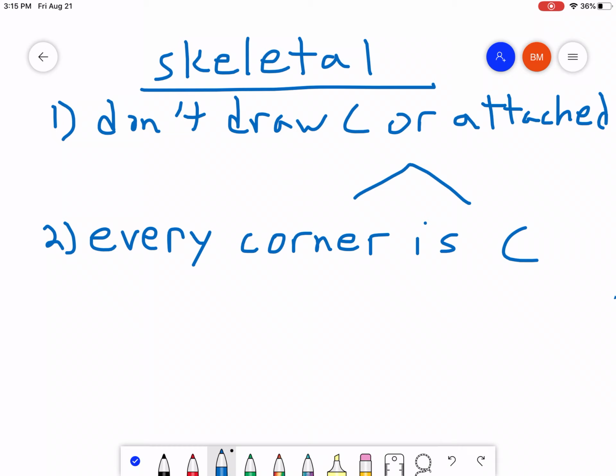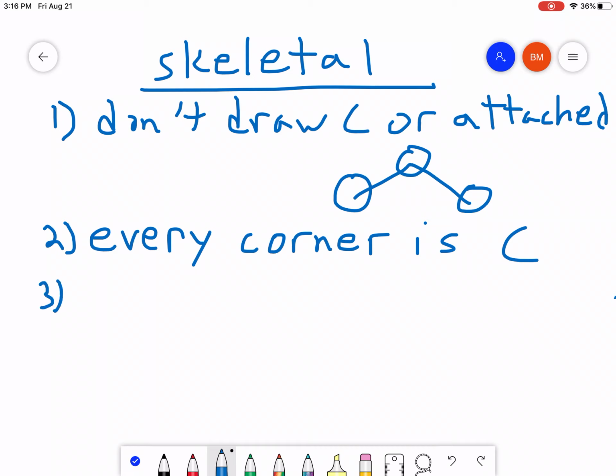So you could look at this one I just drew, and I'll circle them. There's a corner, there's a corner, there's a corner. Each one of those corners represents one carbon, so this structure has 3 of them, all bonded in a row.